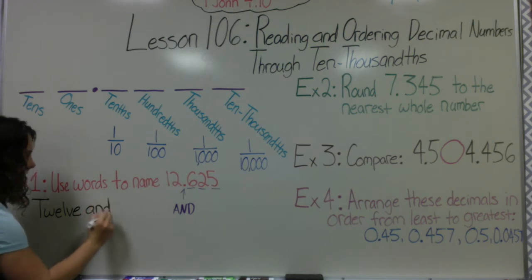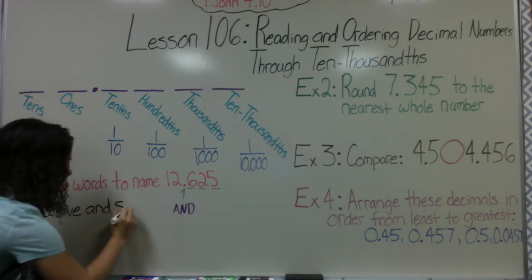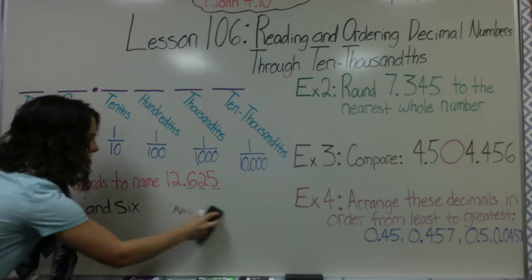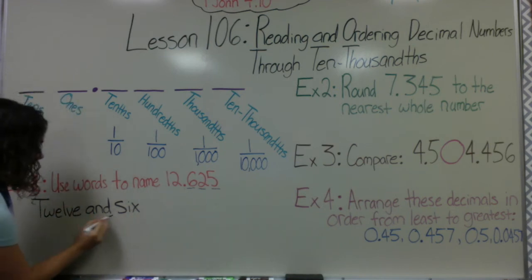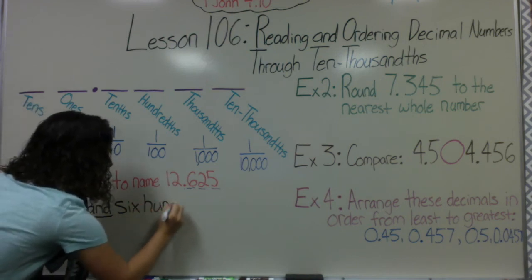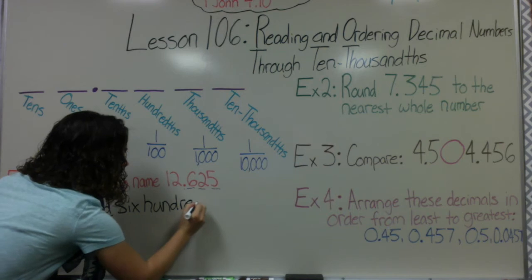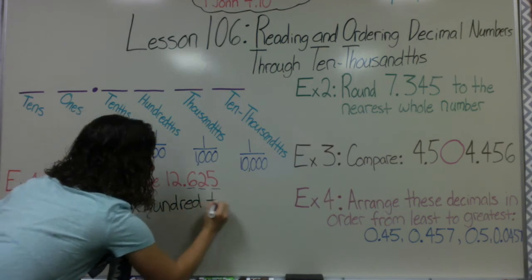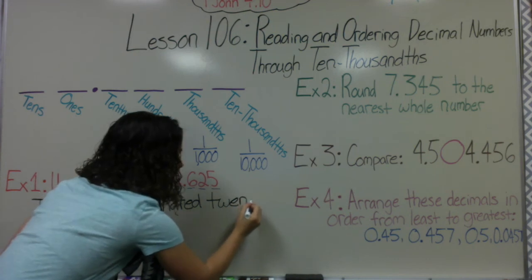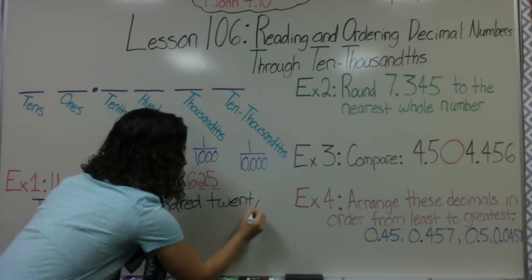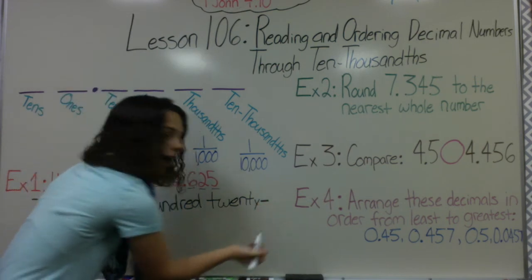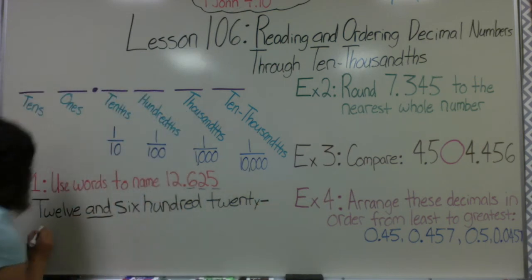I'm going to go ahead and write that out for you in words. We have 12 and 625. And remember, whenever we write two-digit numbers between 21 and 99, we put a dash or a hyphen.